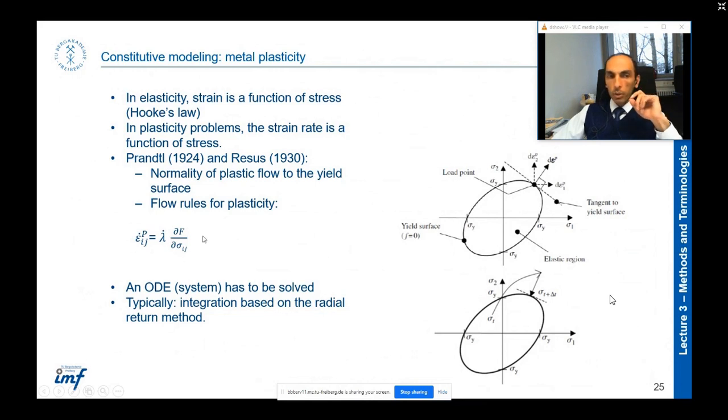So now you can understand that in metal forming simulation, time is important because you need the strain rates. It's a really important component in your calculation. So this is the basic equation for calculating the plastic deformation. Beside the Hooke's law in the elastic area, you can use this equation for the plastic domain.